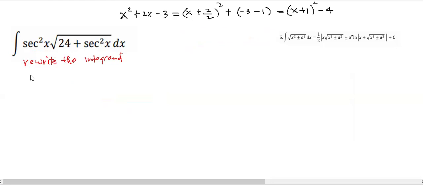Recall yung identity. Tangent squared of A plus 1 equals secant squared of A. So, tangent squared plus 1 is secant squared. So, ito yung gagalawin natin.